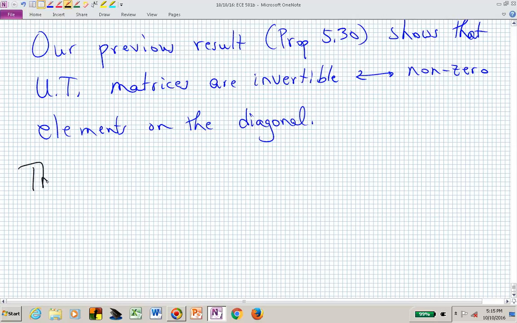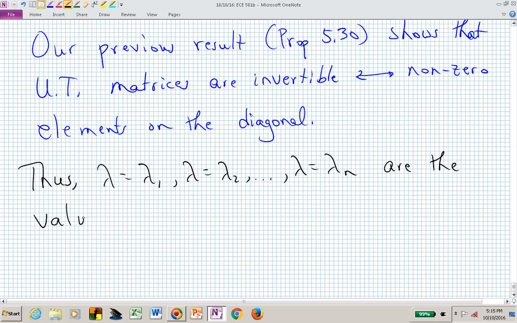Thus, lambda equal lambda 1, lambda equal lambda 2. All of those values for lambda are the values that will make T minus lambda I non-invertible.